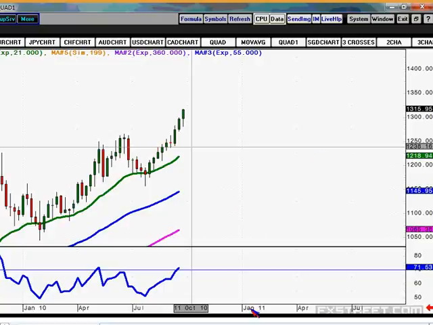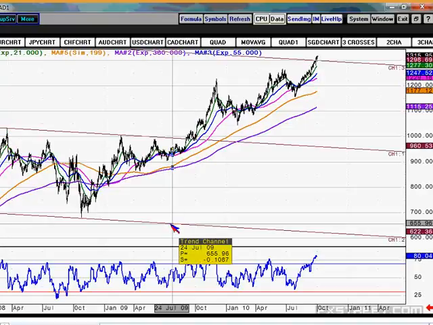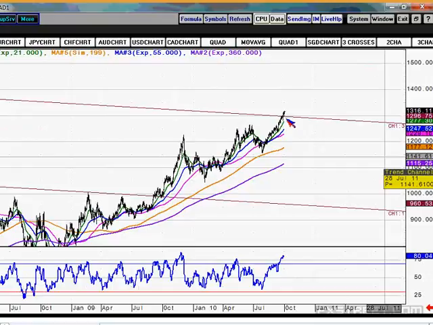Let's say we do a projection based on the daily. But even though it's overbought, you can see the price, in fact, breached all our price targets, and we have another.